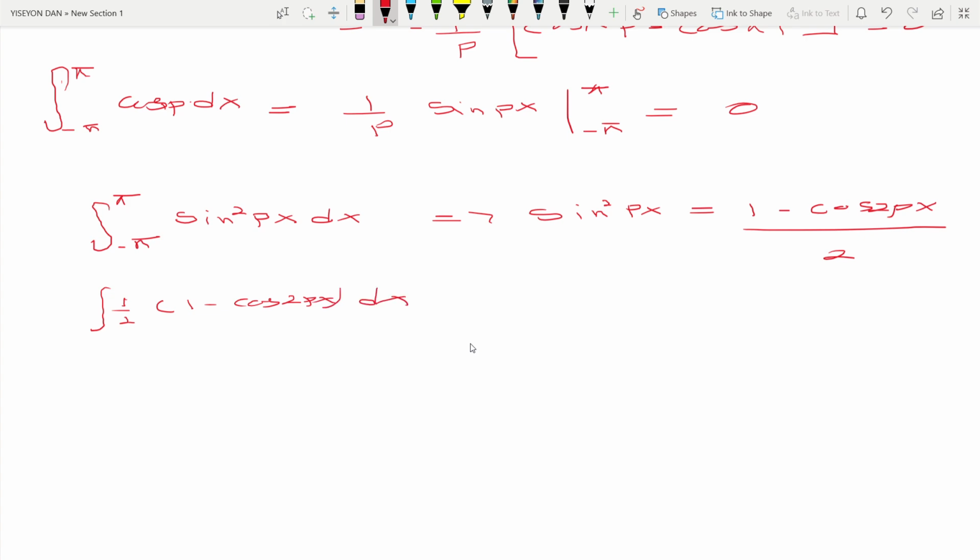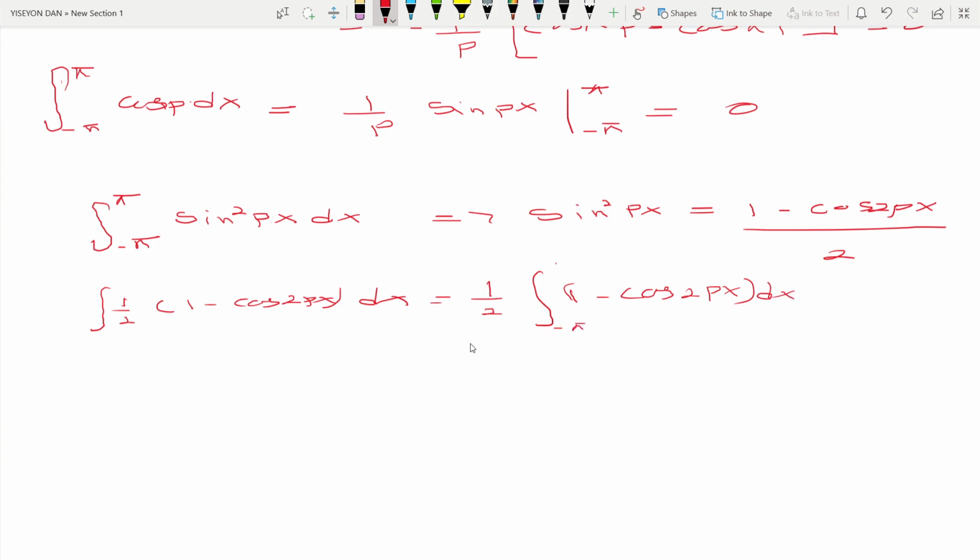We can take the 1 over 2 outside, since it is common.